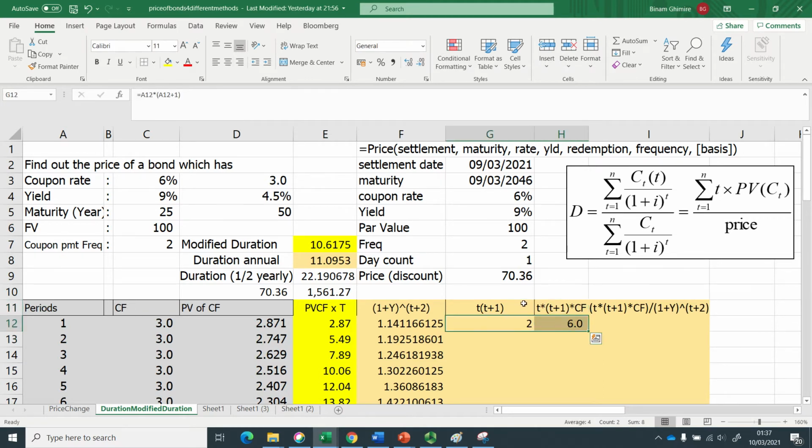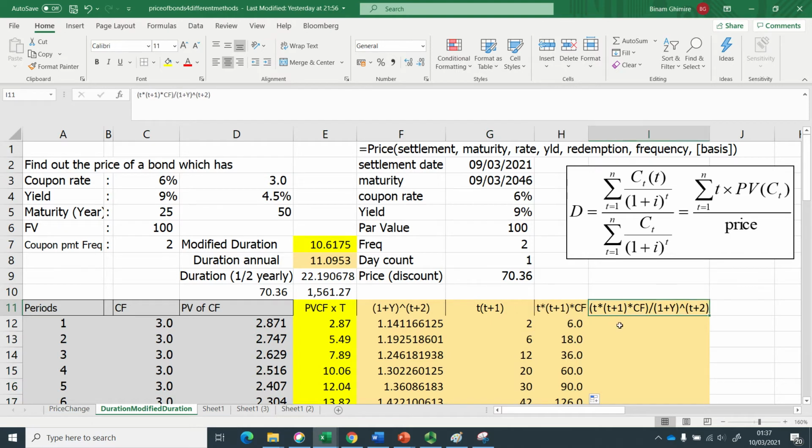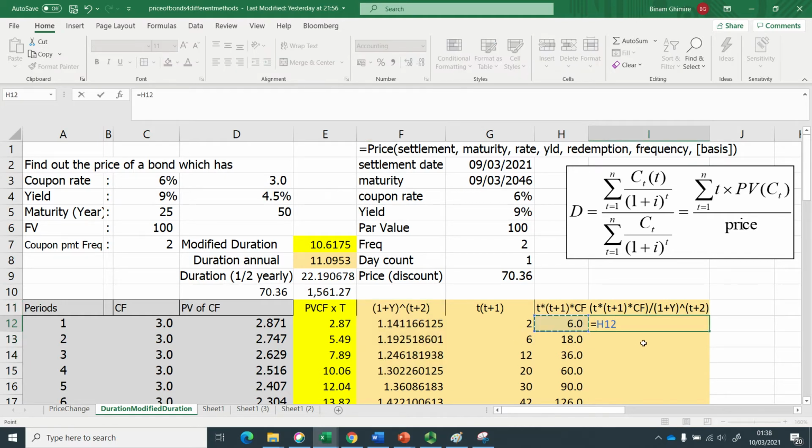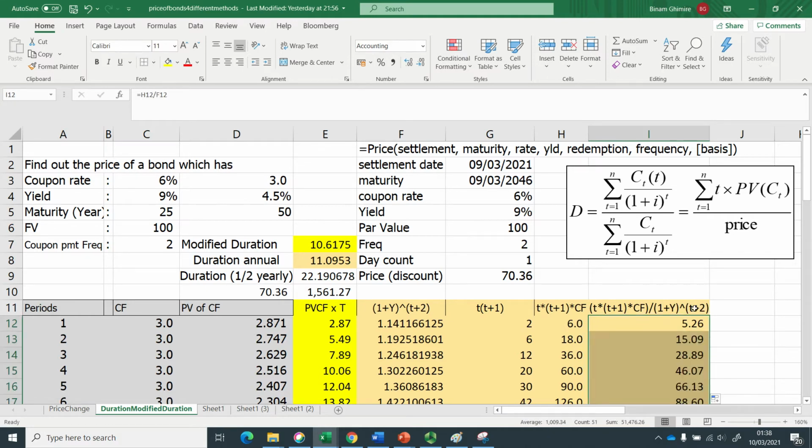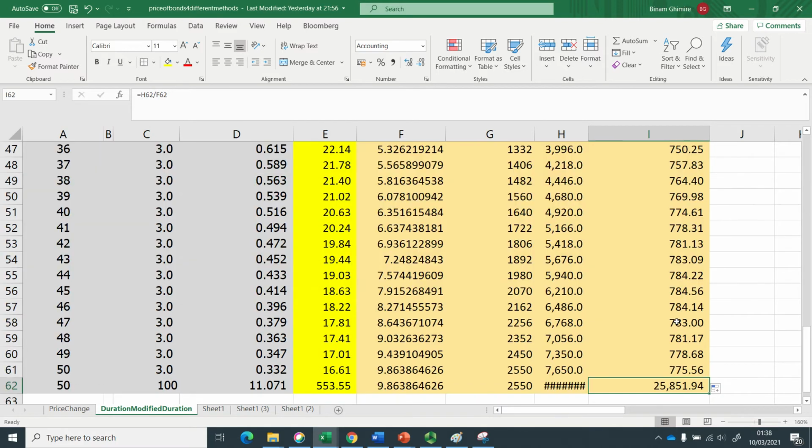So what I can do now is double click so that this is completed for these two columns. The last part here requires me to divide this column by the output of this column here. So this output will be divided by this, and I get these numbers.